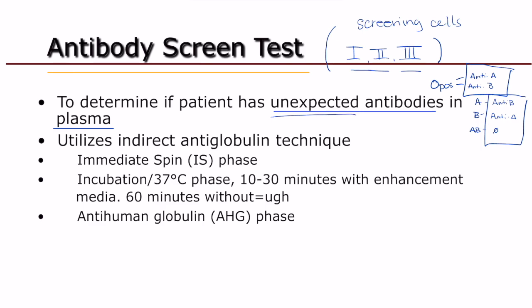What we're looking for in this test is any unexpected ones. And how do you get an unexpected antibody? You get an unexpected antibody if you have been previously transfused or pregnant.